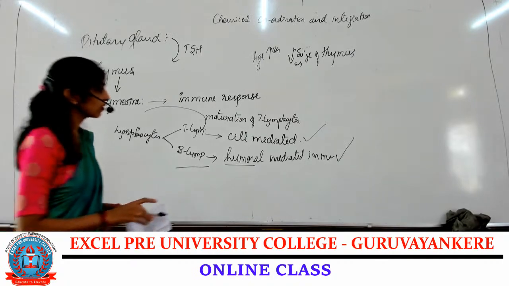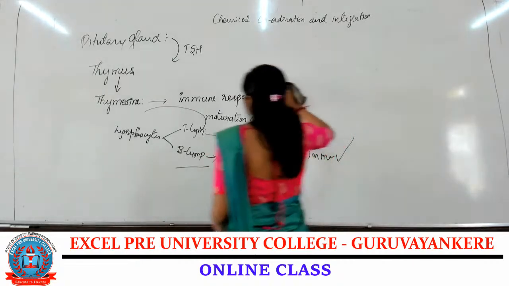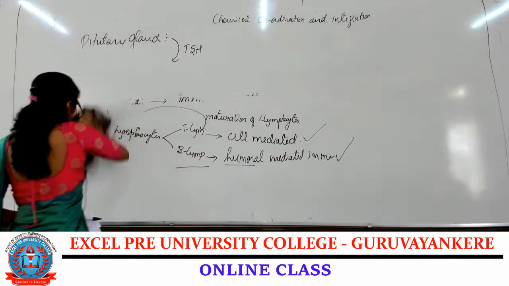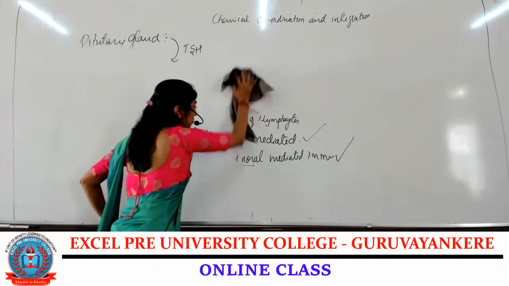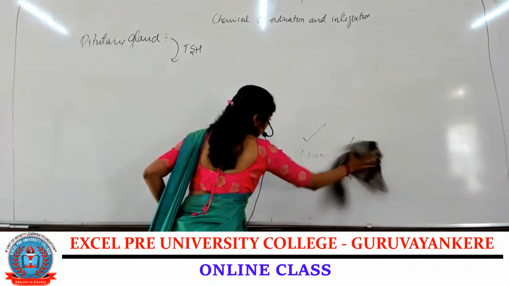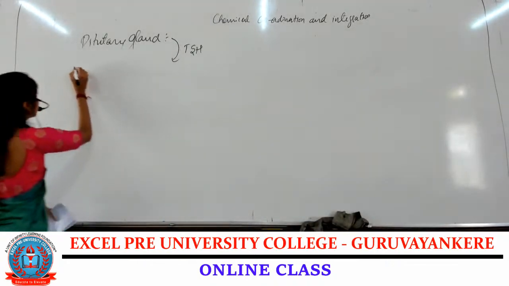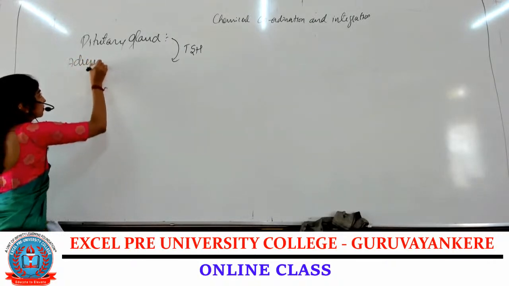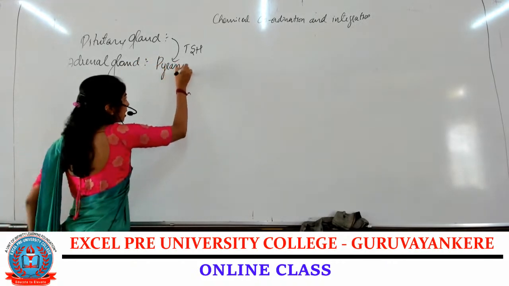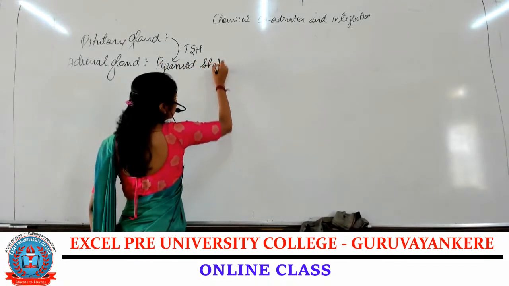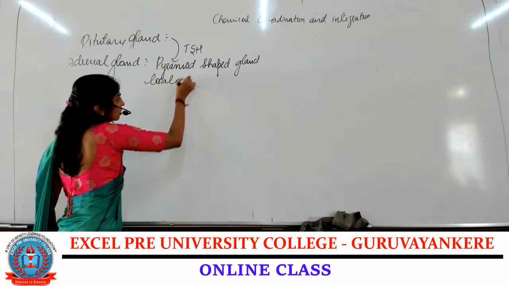Where is this adrenal gland located? Above the kidney. There is one pair of adrenal glands located above the kidney, and this is a pyramid-shaped gland.